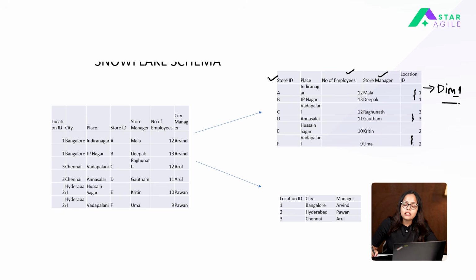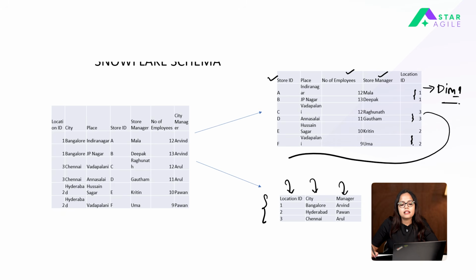And I'm also having another dimension table which has information pertaining to the location, city and the manager. Also, guys, this particular dimension table is linked to dimension table 2 so that your location ID maps, right? So the mapping should also be done.